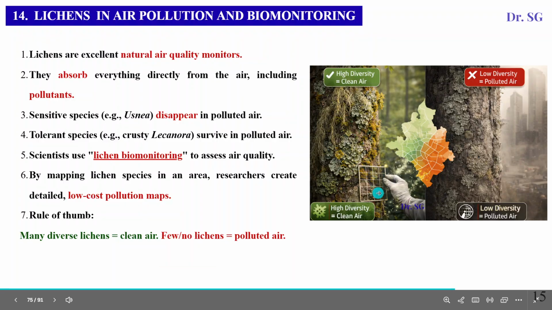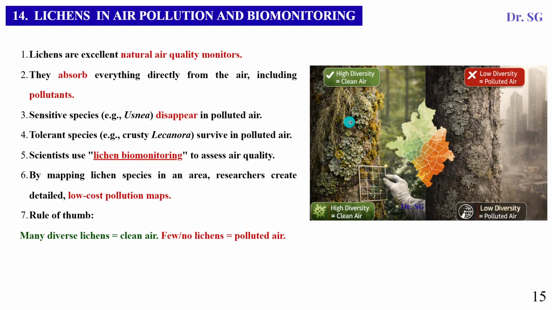Lichens can be the best pollution indicators and biomonitors. If you have a higher density of lichens in a place, then it shows the air is very clean and there is no pollution. If you see the lichens drying up on the substratum, that refers to so much pollution, low diversity of lichens, so it refers to polluted air.